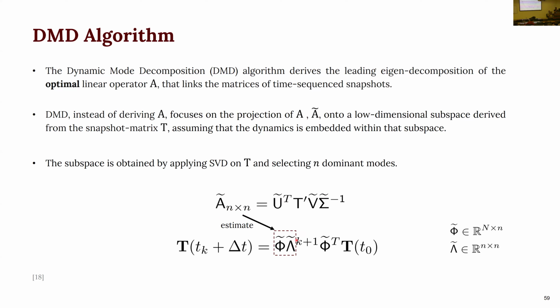Phi tilde is the matrix of eigenvectors, and A tilde is the approximation of A. Phi tilde is a reduced representation of phi. Phi tilde is n cross small n, and lambda tilde is small n cross n.